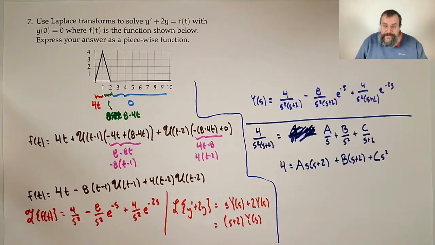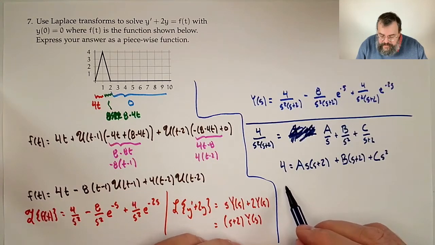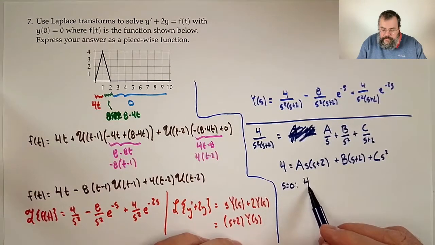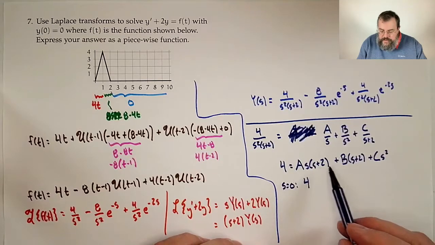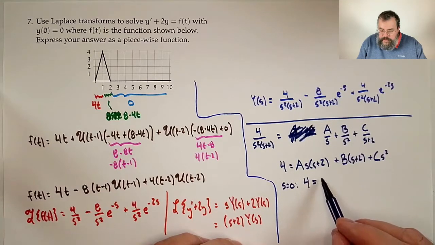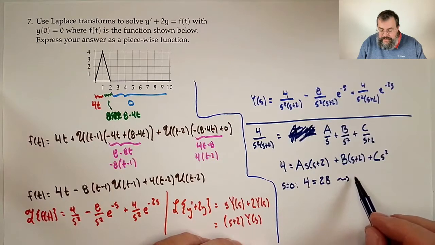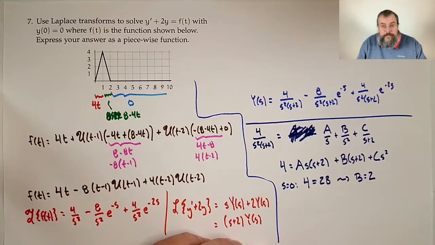All right, so we'll pick some nice values. We can pick, say, s equals 0. That'll be nice. And we get that 4 equals 0 plus 2B plus 0. Okay, so that says B equals 2.